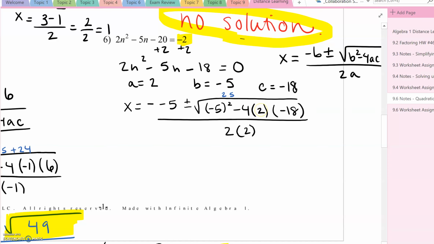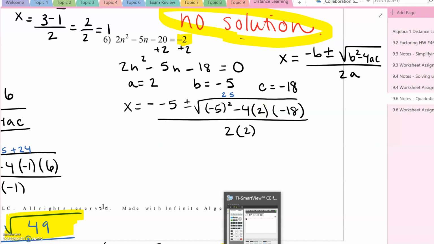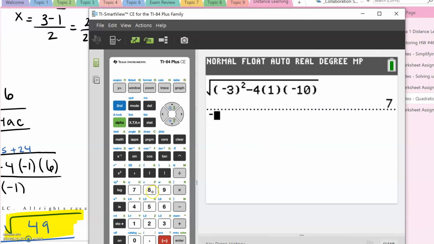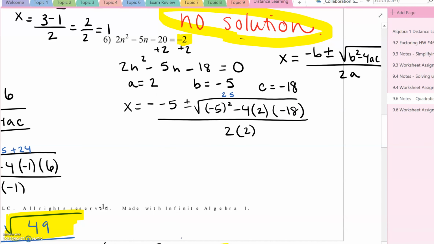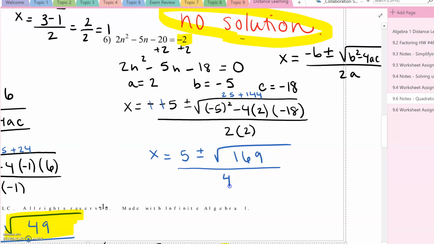Negative 4 times 2 is negative 8. Negative 8 times negative 18 is 144. So we have 25 plus 144 in our radical. If we want to simplify this, a minus a negative becomes a positive, so we get x equals 5 plus or minus the square root of 144 and 25 is 169, all over 2 times 2 is 4.